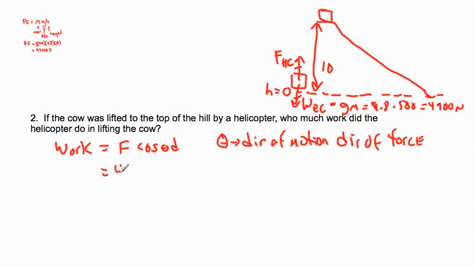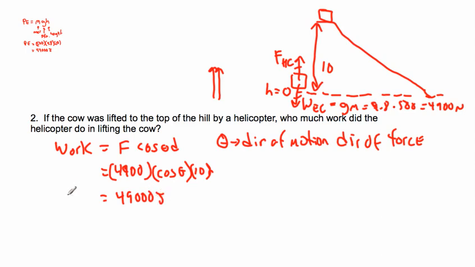Now, theta will be the angle between the direction of the force, which is up, and the direction of motion, which is up. And so that angle is 0, cosine 0. And now the distance the helicopter has to lift the cow is 10 meters.